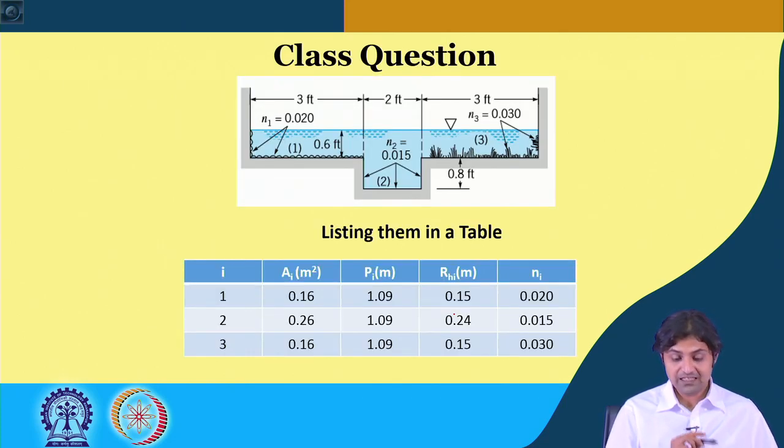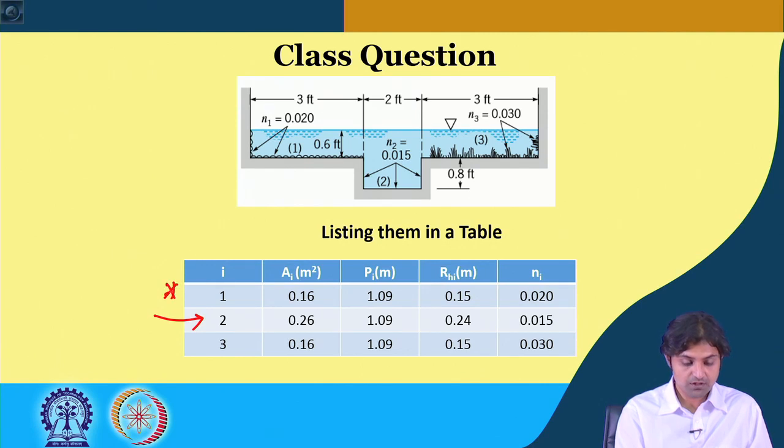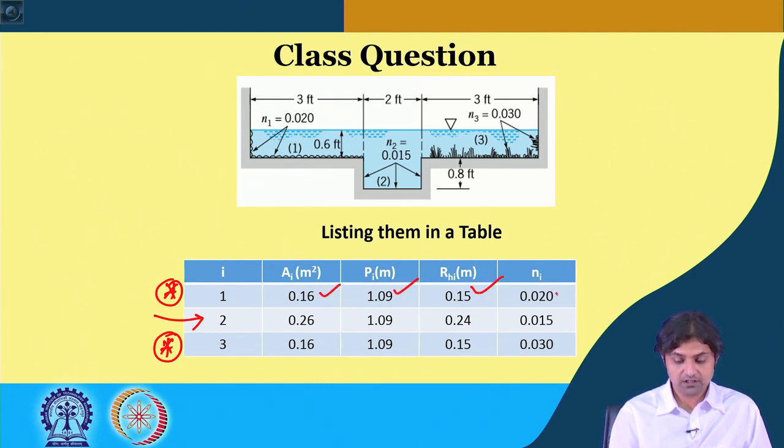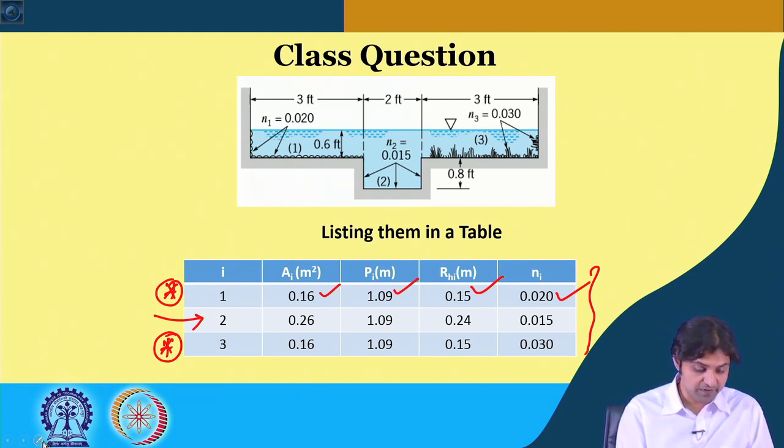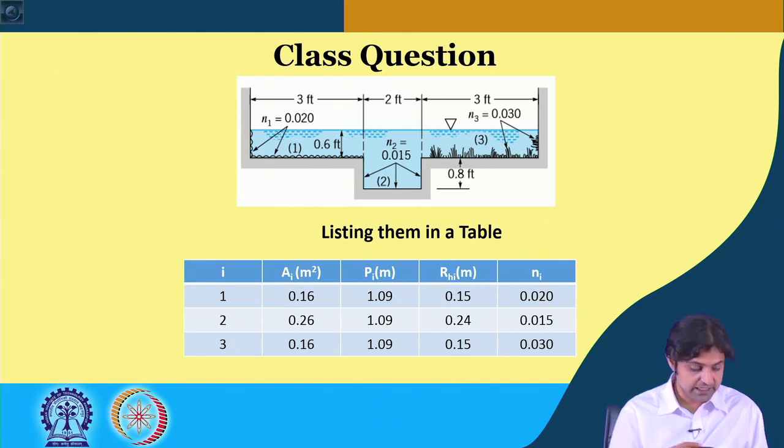So, now we did the calculation for number 2, and you should be able to do the calculation for section number 1 and 3. So, we find out A1, P1, hydraulic radius, and N1 is given. Similarly, you can list all 3 of them in this table and the values have been written. Okay, you verify it after the lecture.